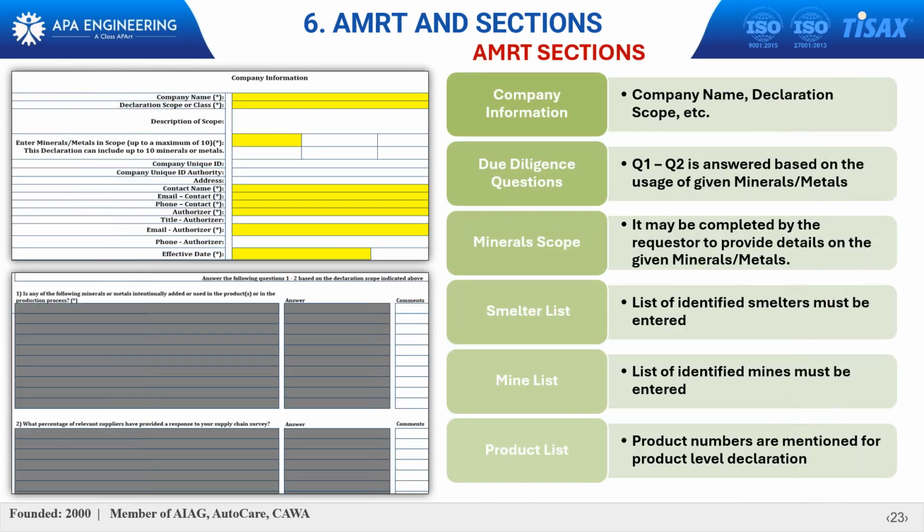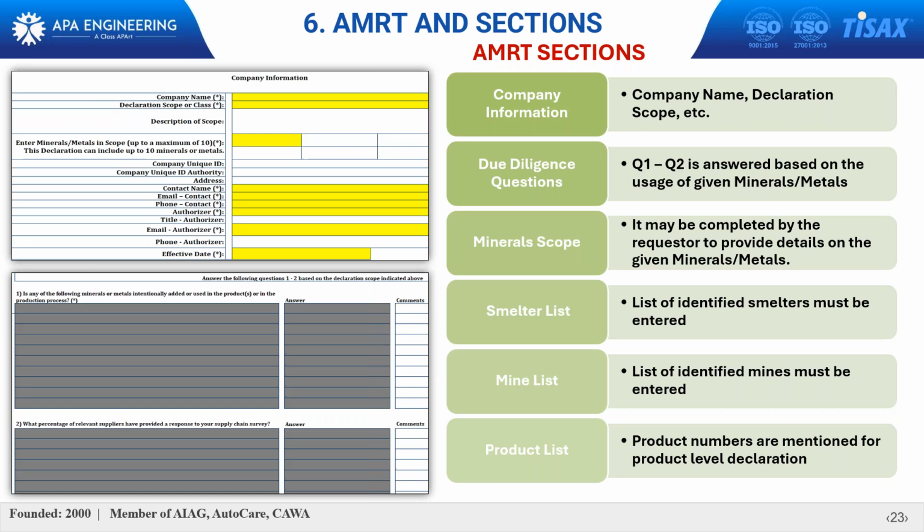So AMRT has 6 different sections, whereas CMRT and EMRT have 5 sections. The first section in AMRT contains the company information, and the second section contains due diligence questions. In AMRT, there are only two questions, and we don't have a company level questions section. The third section will be the mineral scope.